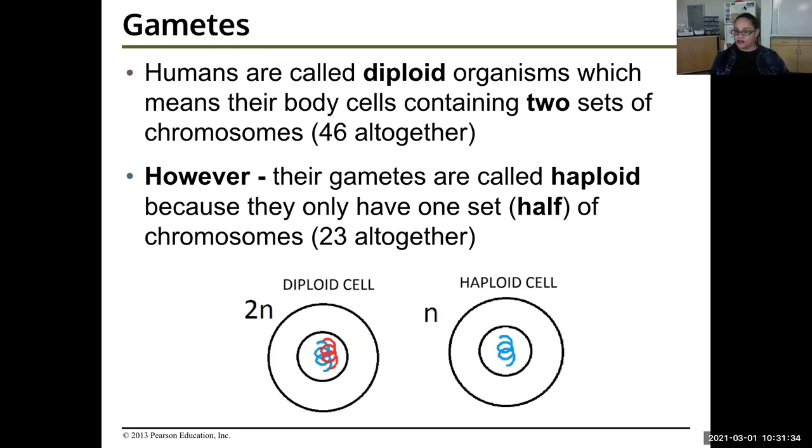However, their gametes are called haploid because they only have 1 set. So if you think haploid has half the information, and the gametes are the egg and sperm cells. So our body cells, our somatic cells, are called diploid because they have the full 46. Gametes, the eggs and sperm, are called haploid because they only have 23.